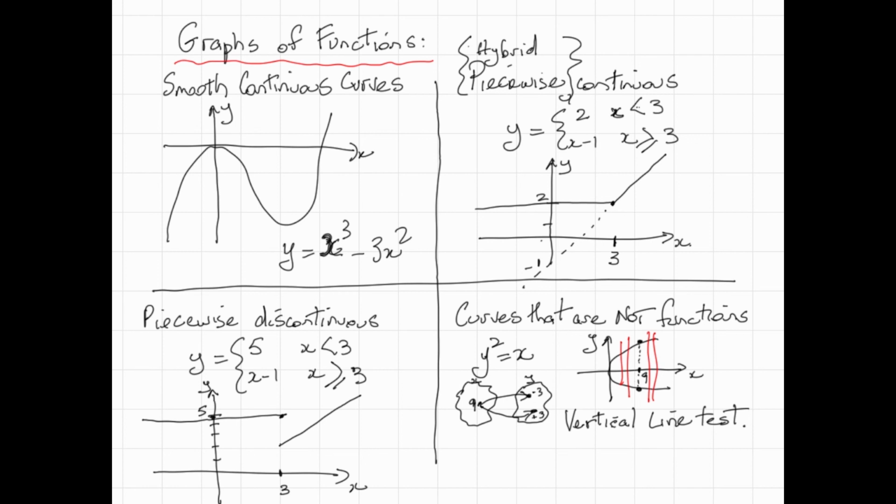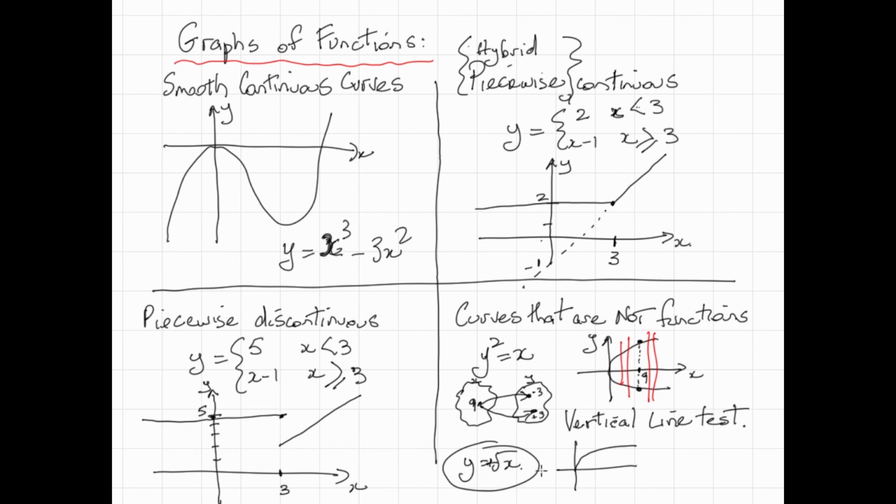Now, before we finish this, just don't get confused with y equals the square root of x. That is a function. Why is that a function and that not a function? This is the total graph all the way around there. This is simply the top half of the graph. It is just the positive. If I took the square root of both sides, I'd get y equals plus the square root of x, y equals minus the square root of x.